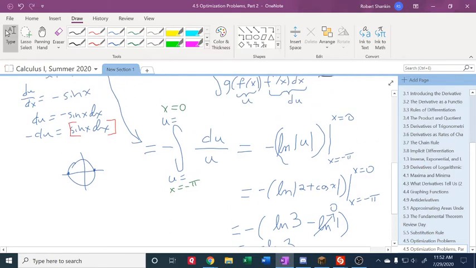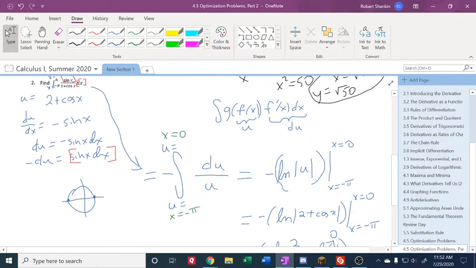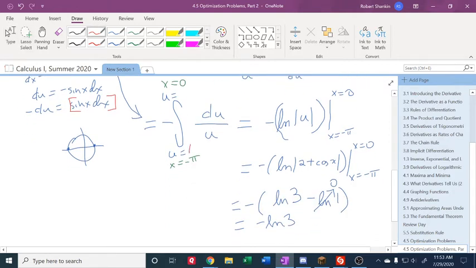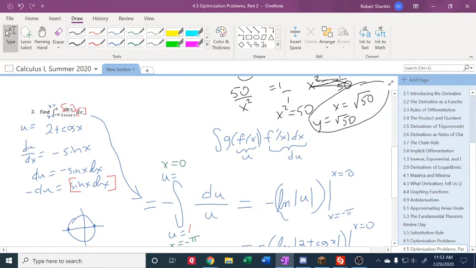Changed the x equal limits to u equal limits. When x is equal to negative pi, u is equal to negative 1 plus 2, so this is 1. When x is 0, substituting 0 in, you get 1 plus 2, and you get 3.